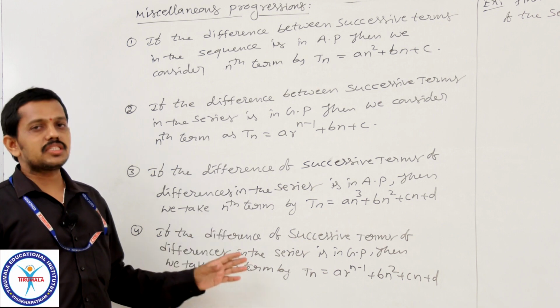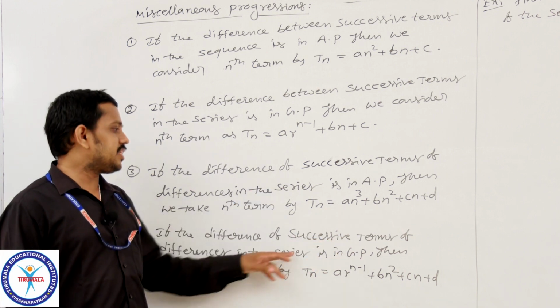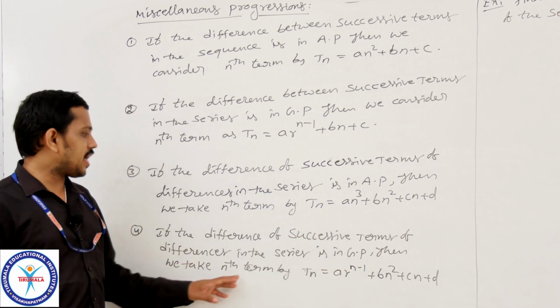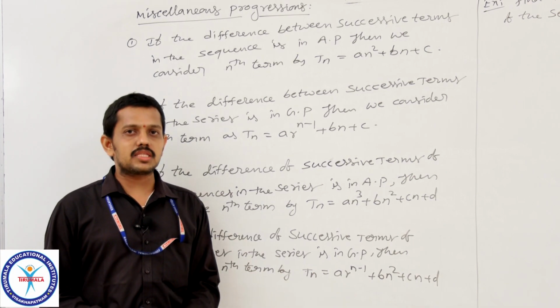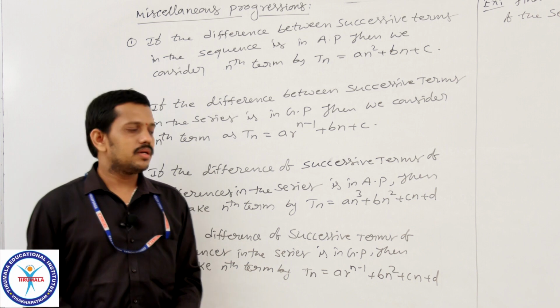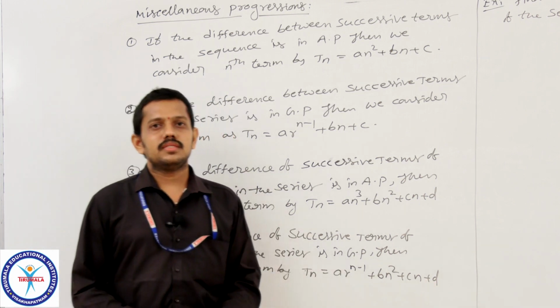Suppose the differences of the differences are in GP, then we take the nth term as Tn = a into r power n minus 1 plus bn² + cn + d.